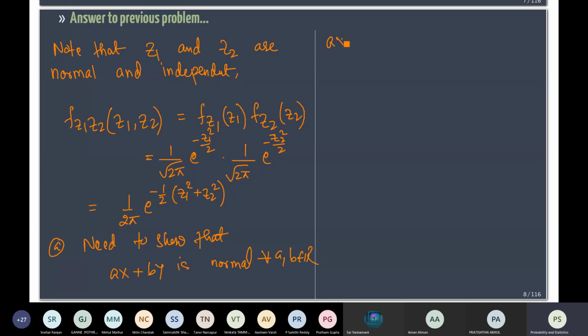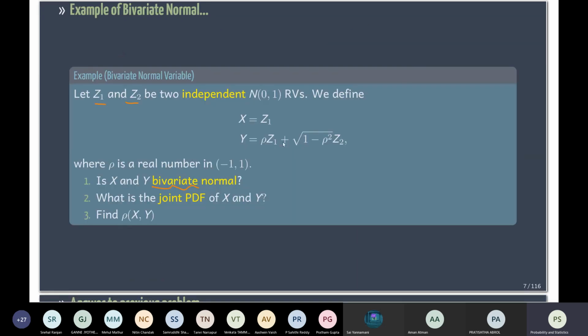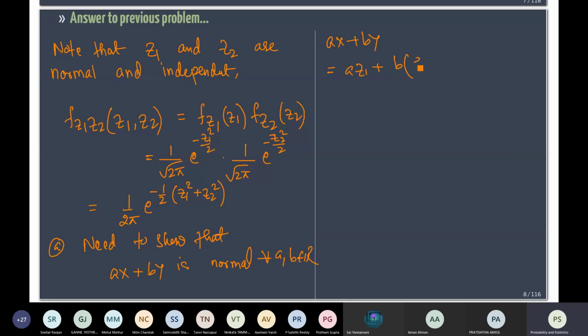So what do we have? AX plus BY is A Z1 plus B times (rho Z1 plus square root of 1 minus rho square Z2).